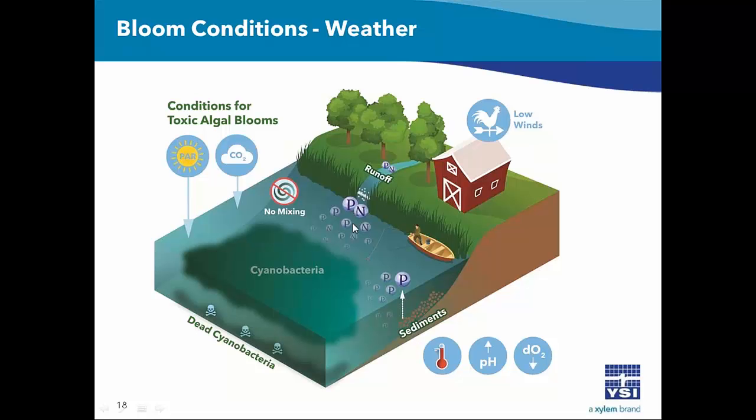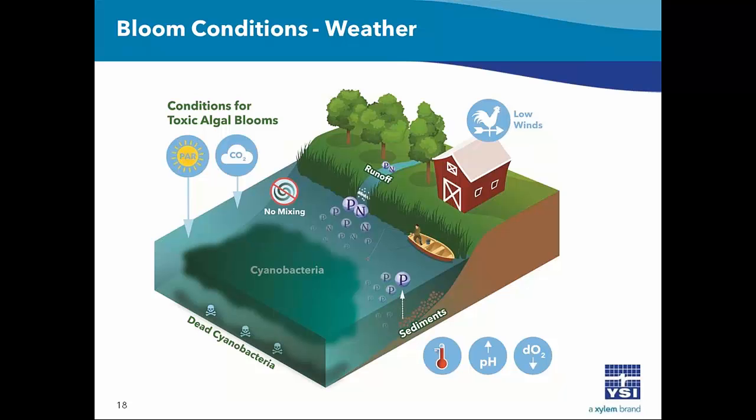But I want to remind everybody that runoff is not the only source of those nutrients. A lot of these older lakes especially have phosphorus that's bound in their sediments. And in systems where a lot of runoff has occurred for years, that sediment-bound phosphorus is also a nutrient source for cyanobacteria. Normally, there's not enough of these nutrients in the water for these cyanobacteria to bloom like this.